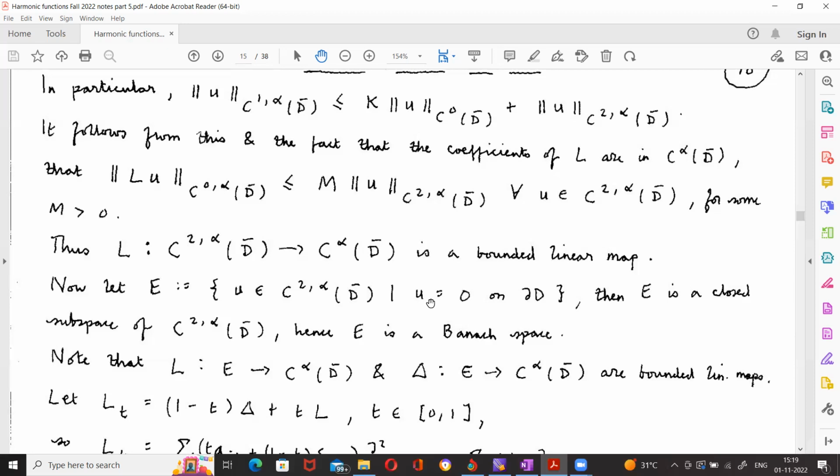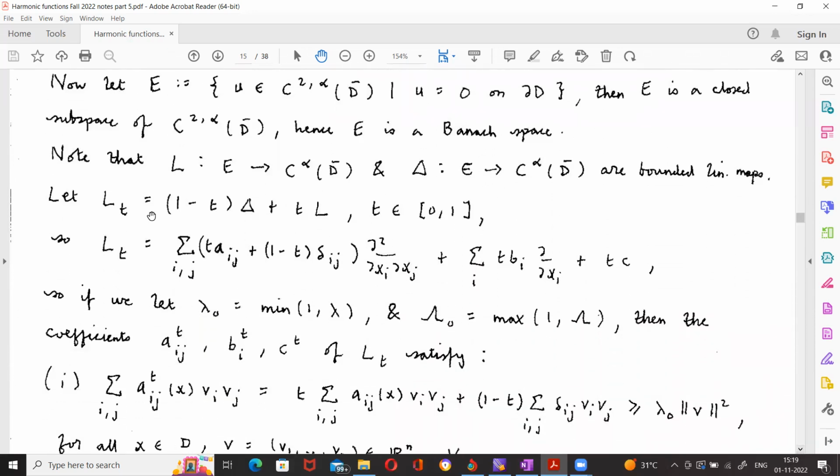So now look at the operator L from E going into C alpha closure, and look at the Euclidean Laplacian from E to C alpha closure. Both are bounded linear maps, right? Now we want to apply the method of continuity.